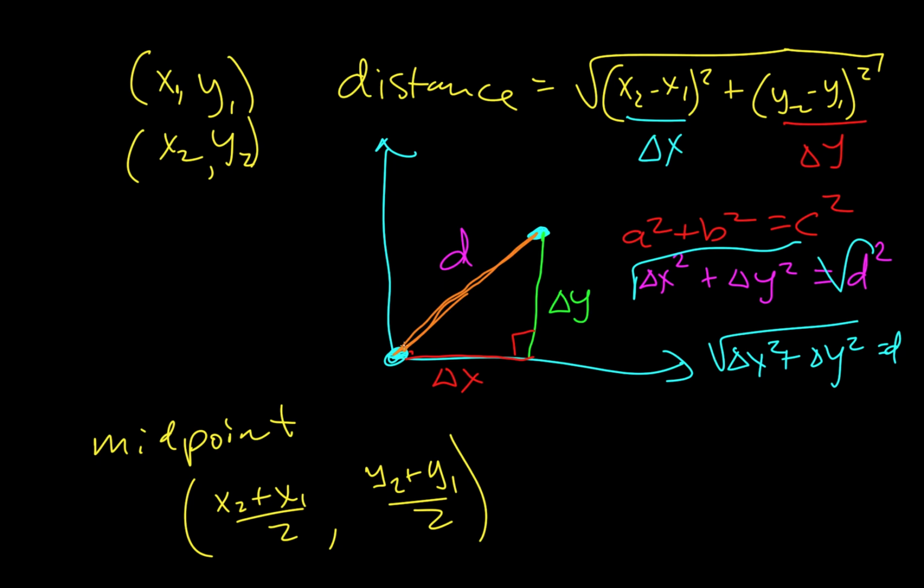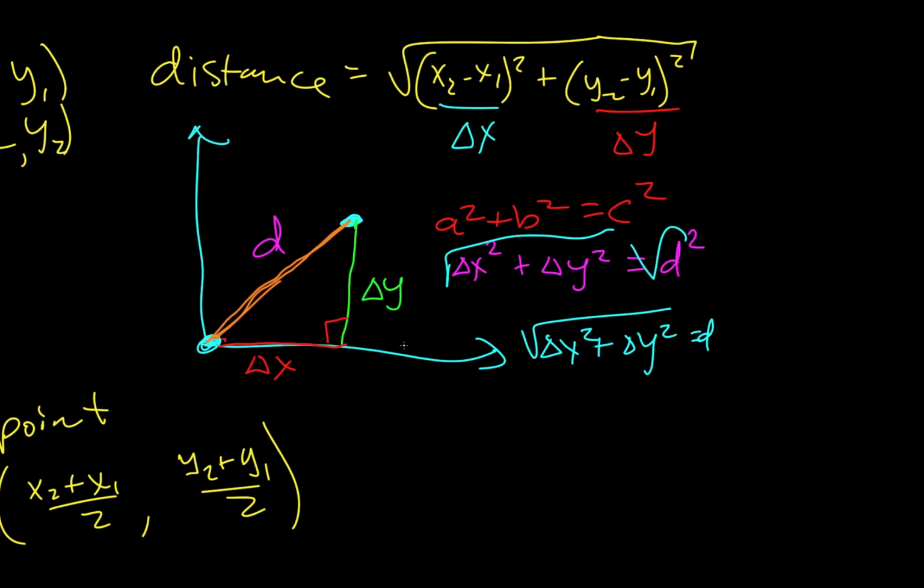Now, if we're going to 3 dimensions, all we have to do is add on the z. It's going to follow the same pattern. So for 3 dimensions, we just extend distance like that.